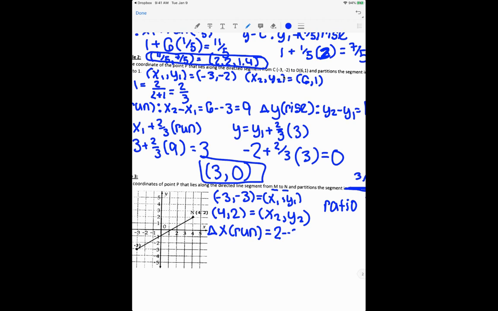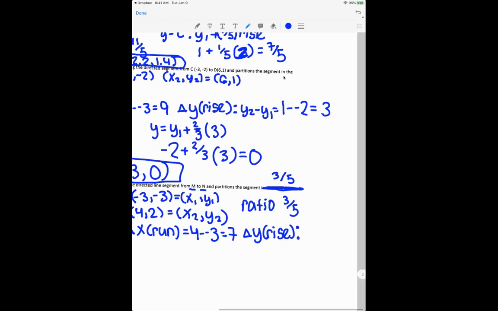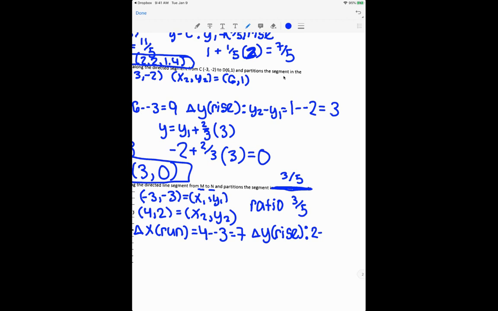Sorry, I'm getting my x's and y's backwards a lot today. So when you subtract that, that's 7. Then our change in y, or our rise, is our y2 minus y1. So that's 2 minus -3, which comes out to 5.